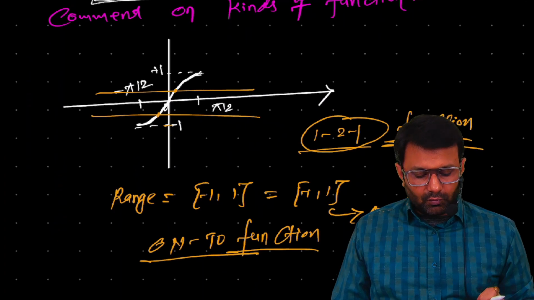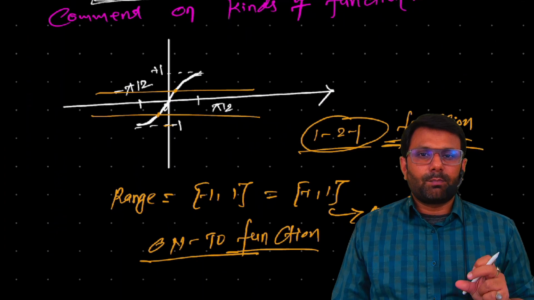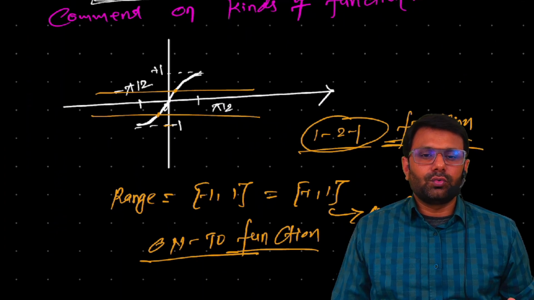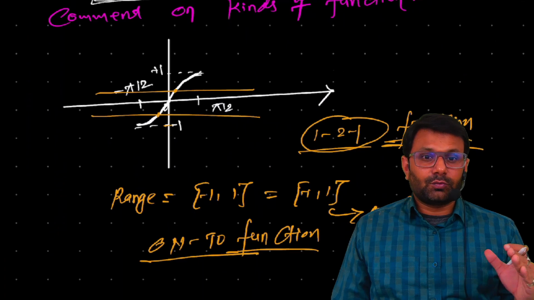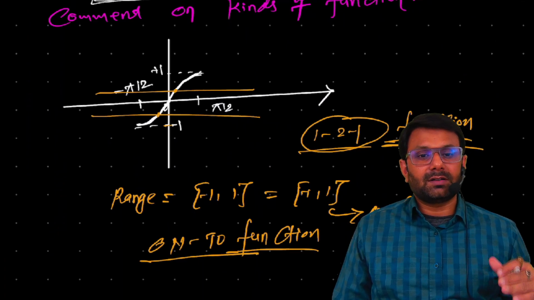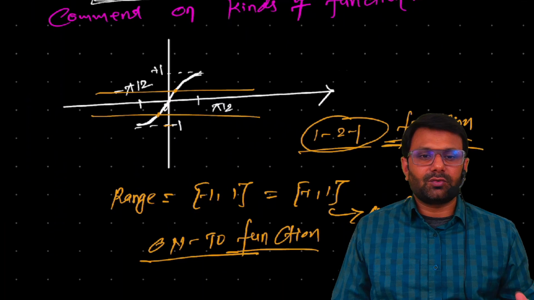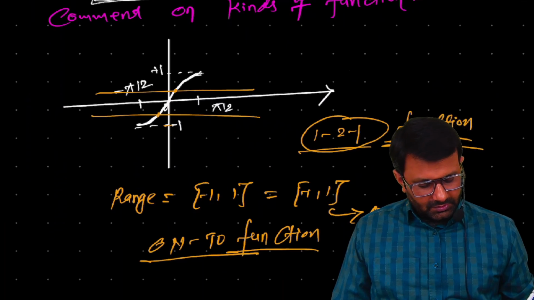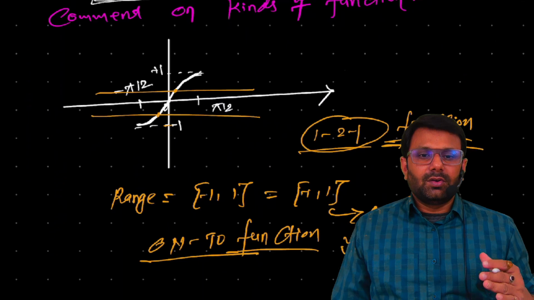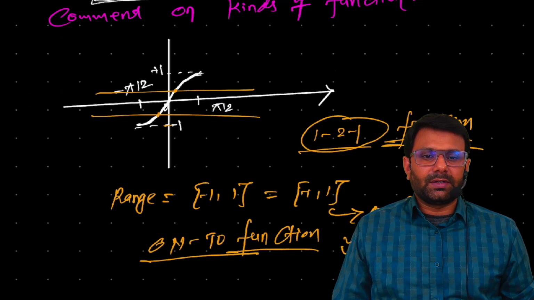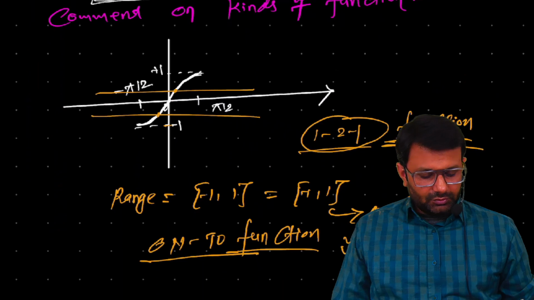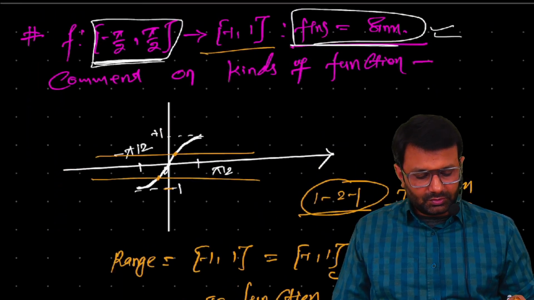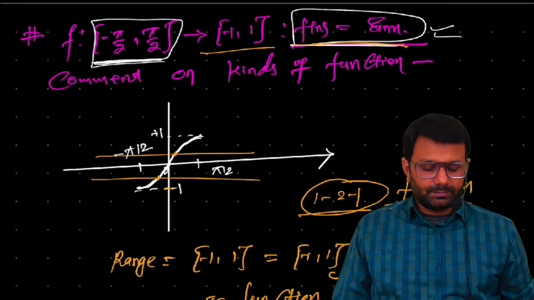So that is why y is equal to sin x from -π/2 to +π/2 has an inverse, sin inverse x, from -1 to +1, and the range of that inverse function is -π/2 to +π/2. So that is why we discussed all these things in the inverse trigonometric function chapter. Clear na? So this function is bijective.